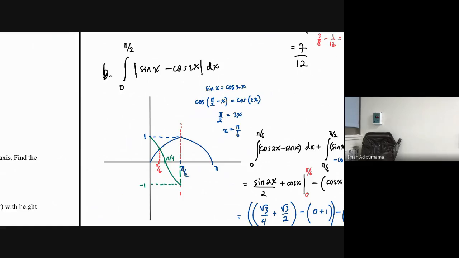So we need to evaluate all the possibilities from 0 to pi over 2. Now draw the curves and see from 0 to pi over 2. This is the cosine, the green one, and the blue one is the sine. The cosine is 2x, right? So the period will be half.